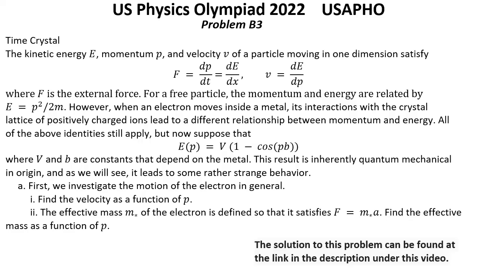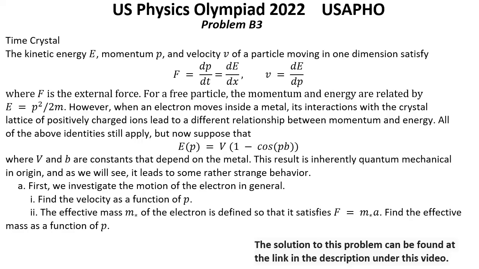For a free particle, the momentum and energy are related by E equals P squared over 2m. However, when an electron moves inside a metal, its interactions with the crystal lattice of positively charged ions lead to a different relationship between momentum and energy.